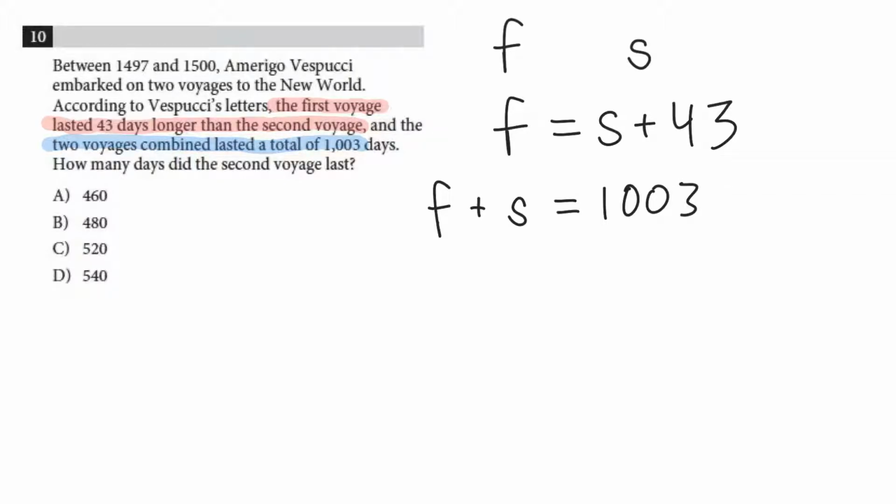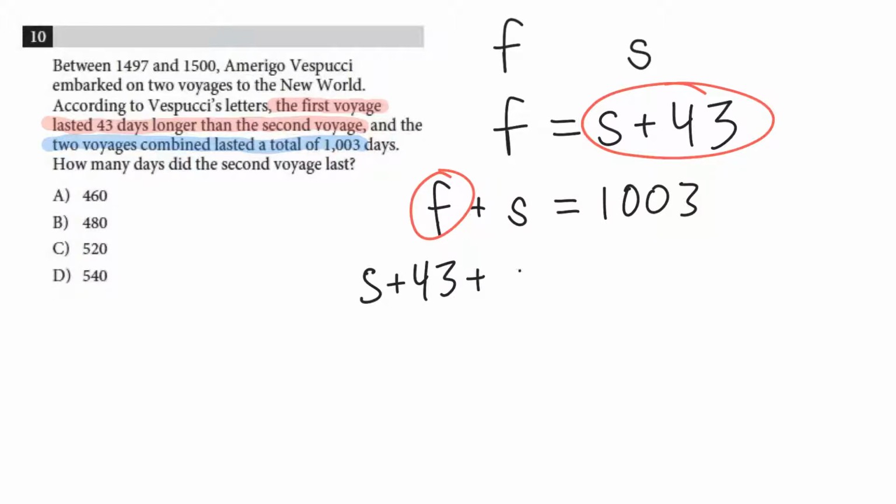Okay, so now we want to know how many days did the second voyage last. Well, if we want to solve for the second voyage, then we want to eliminate F. Well, that's great because we already know what F equals, so we can substitute in the value of F, which is S plus 43, plus the second voyage equaled 1,003 days.